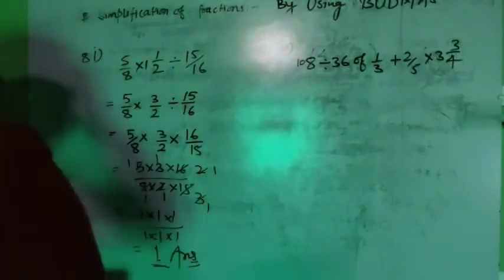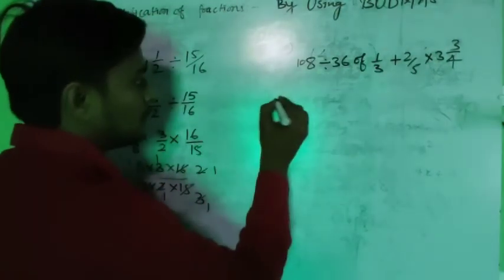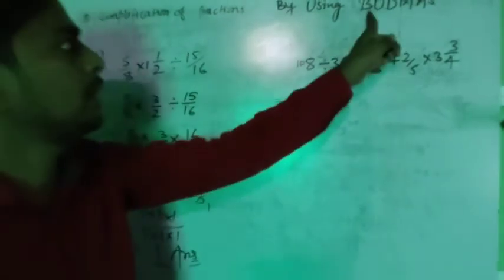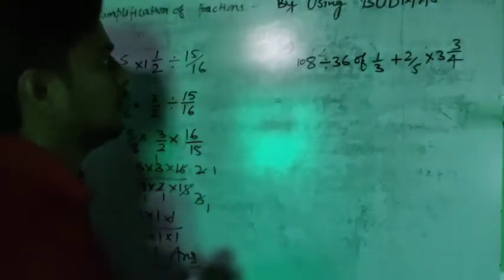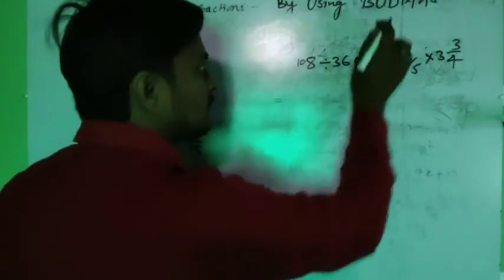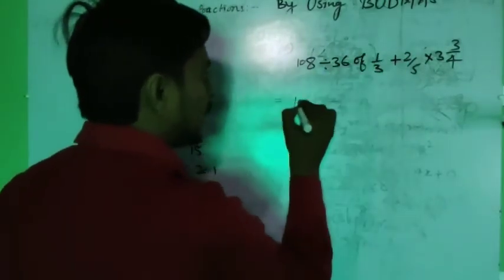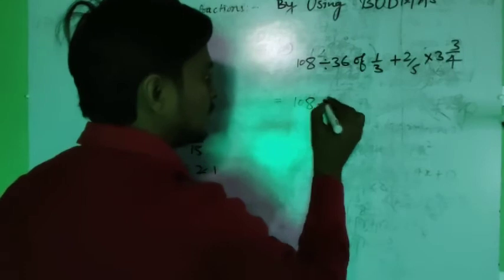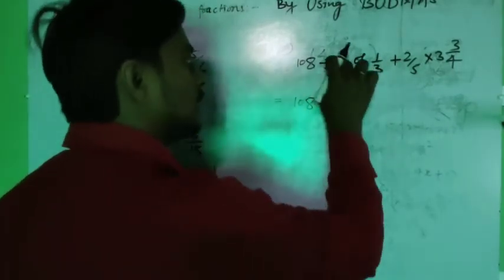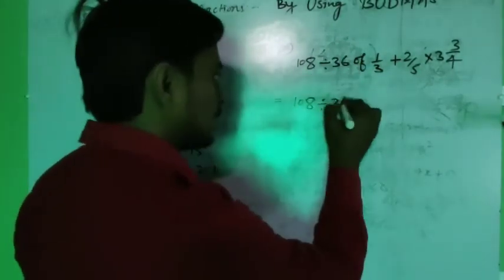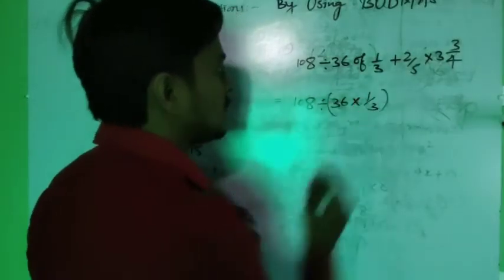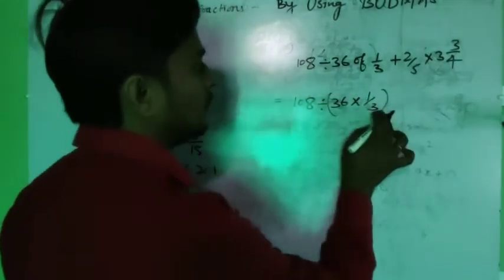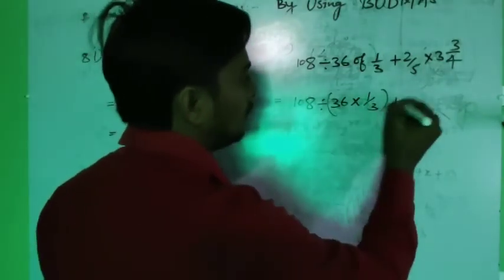Now this has to be solved. So write is equal to. There is no bracket, so leave this step. Of, yes, here is of. So don't divide first, you have to solve of first. So write all the numbers as it is, divided by, now 36 of means multiplication. First you have to solve of. So this I am putting in bracket.